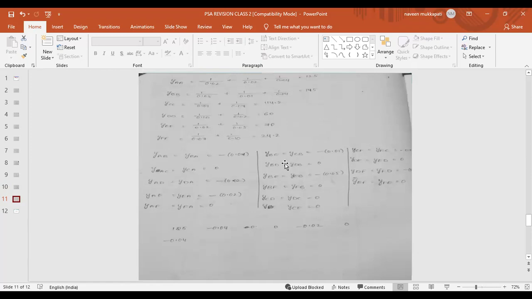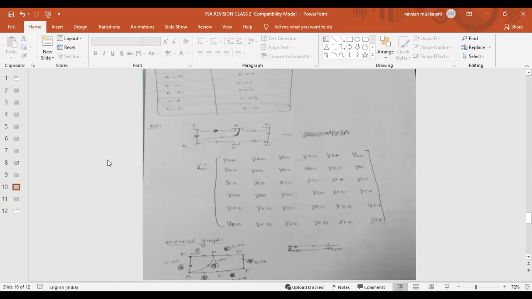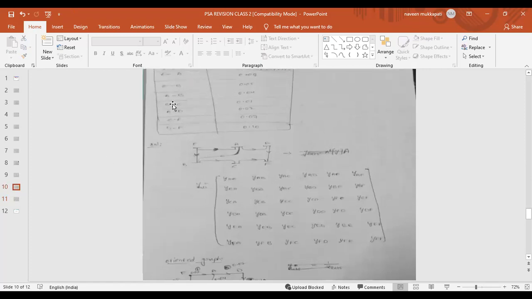Next YBC. Do we have any connection between B and C? Yes, this is B to C. Therefore YBC is equal to minus 0.01.